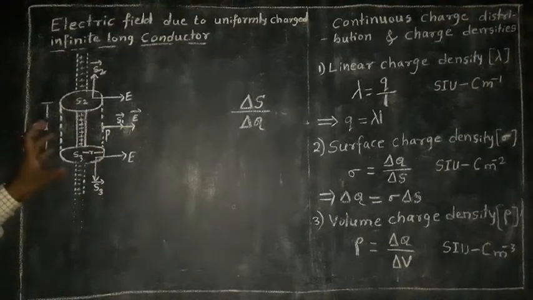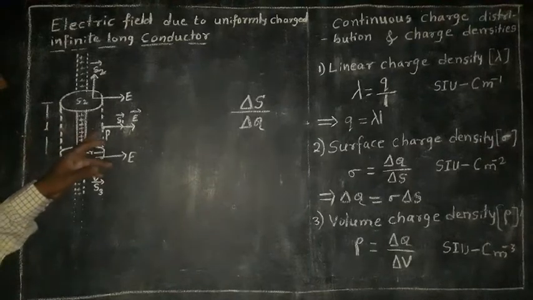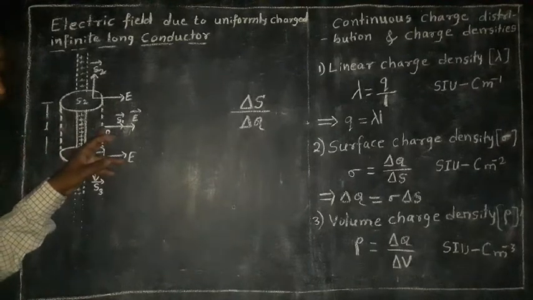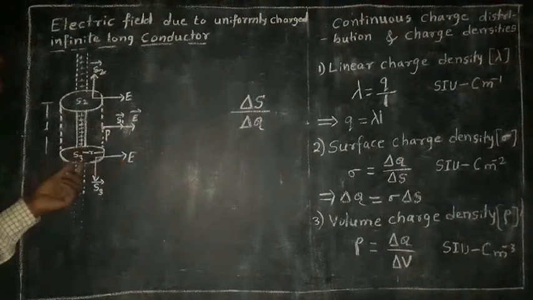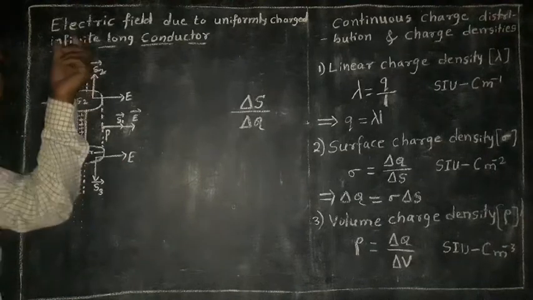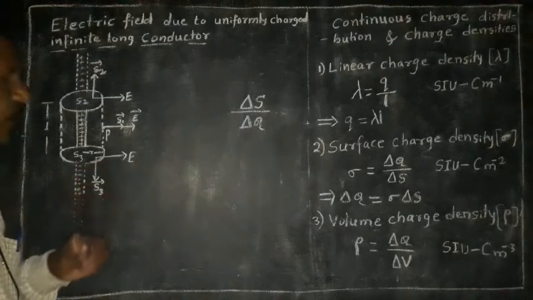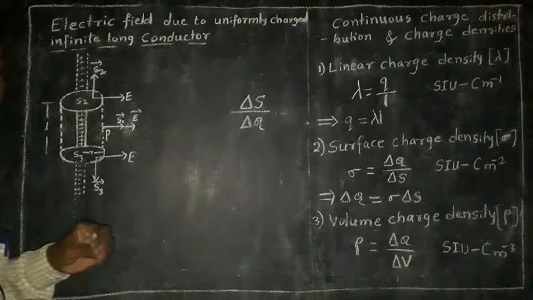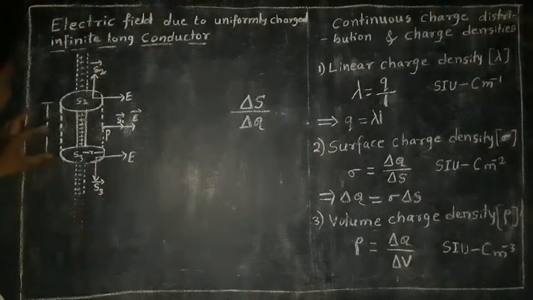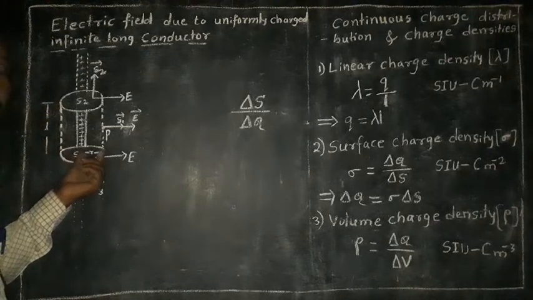To calculate the electric field at a point P due to the uniformly charged infinite long conductor, we imagine a Gaussian cylinder of length L and radius R.